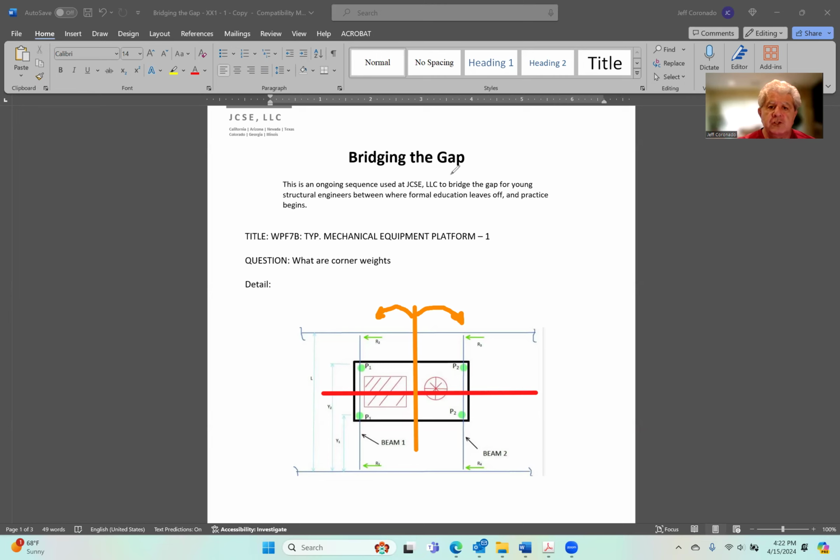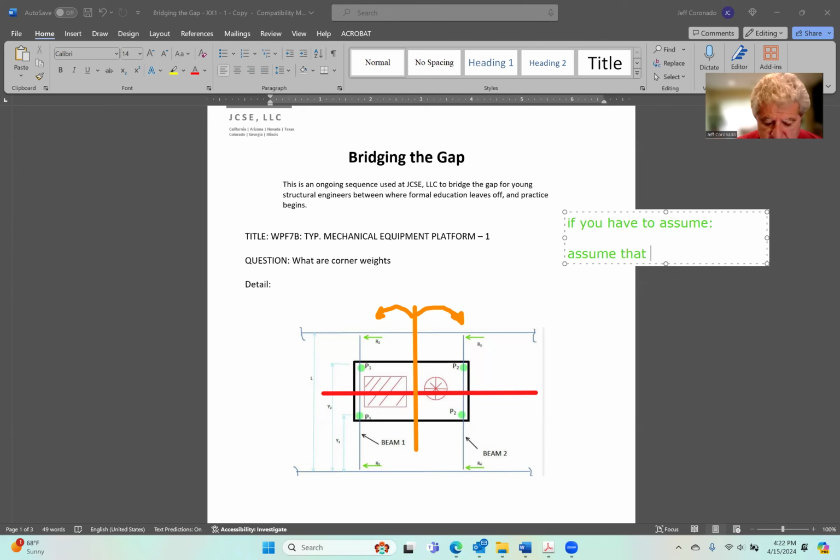So your assumption should be, let me write this for you, if you have to assume, that 66% up to 75% of the weight is on one edge.